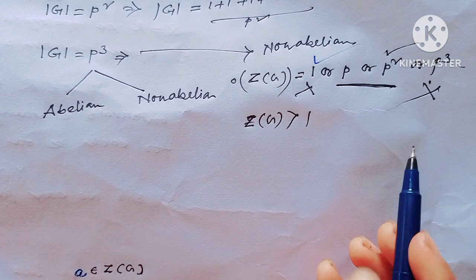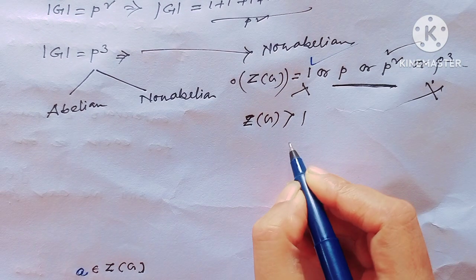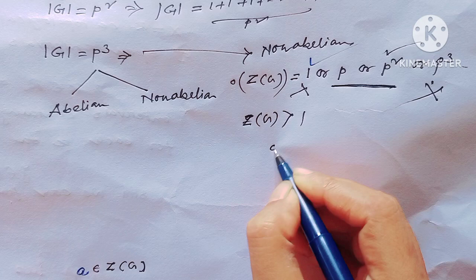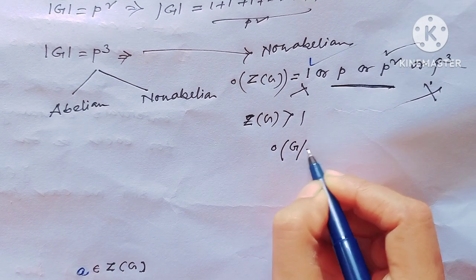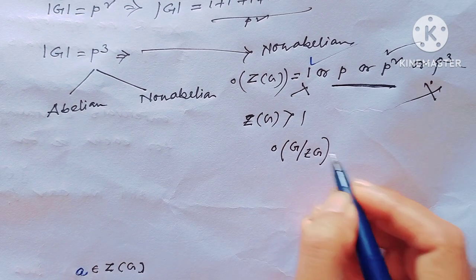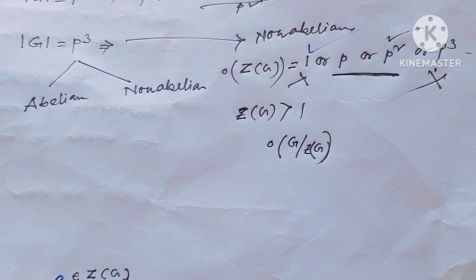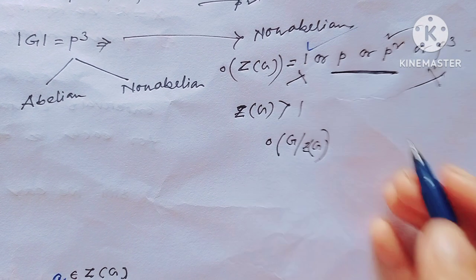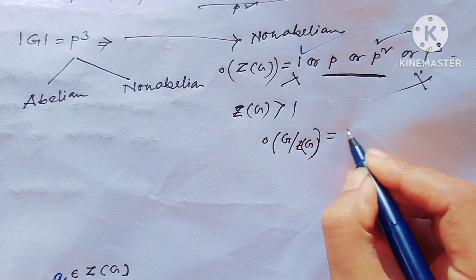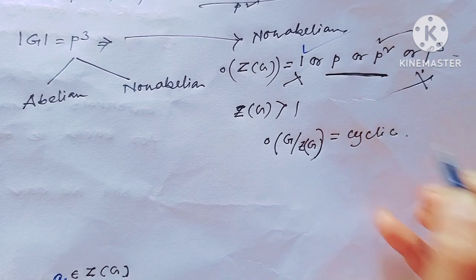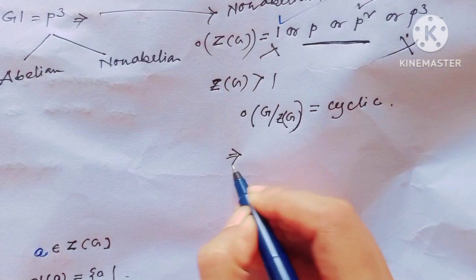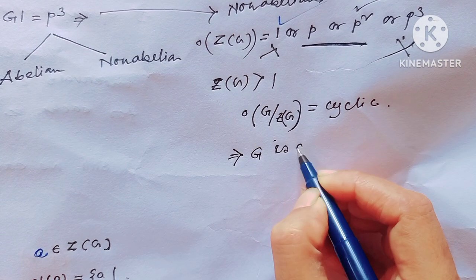If we consider the order of Z(G) equal to P squared, we all know this theorem: if the quotient group G over Z(G) is cyclic, that implies the group G is abelian.